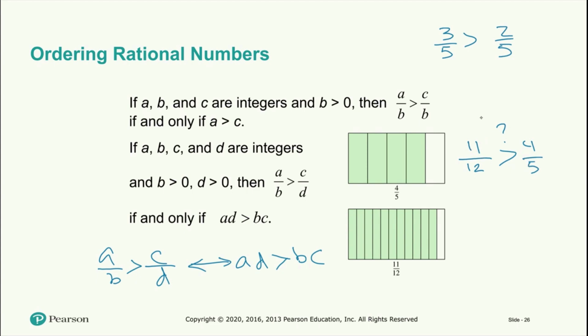So we can see that 55 is greater than 48, so therefore we've established that 11/12 is definitely greater than 4/5. So a nice quick way to see if an inequality holds in this way.